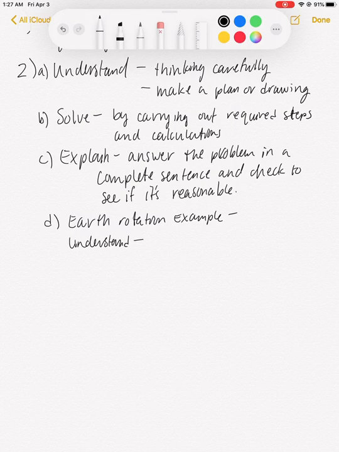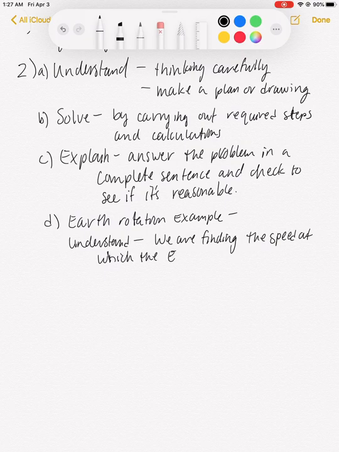Understanding the problem is saying what you're looking for. So we are finding the speed at which the Earth rotates. Okay.